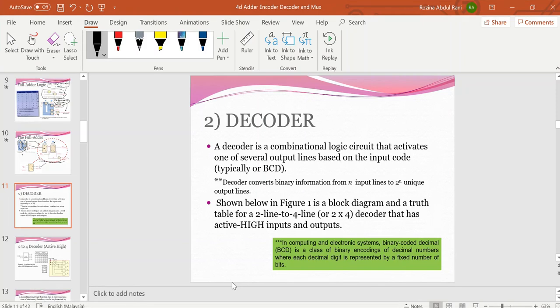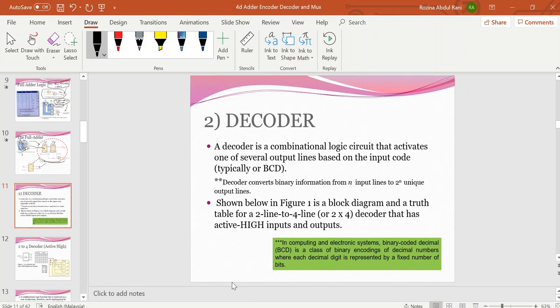A decoder is a multiple input, multiple output logic circuit which converts coded inputs into coded outputs, where the input and output codes are different. The input code generally has fewer bits than the output code.